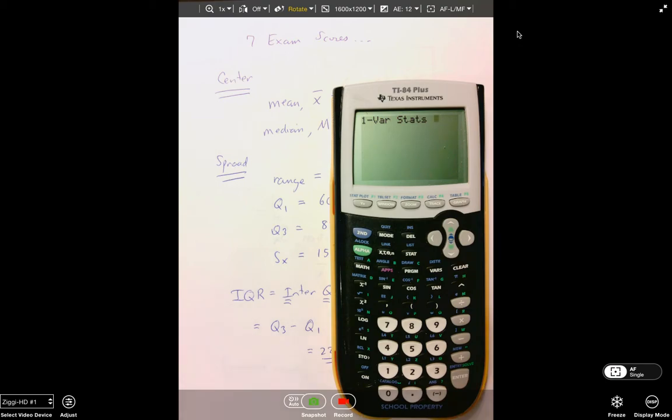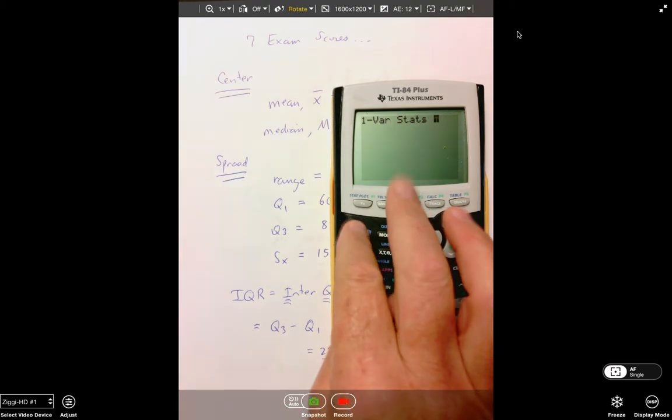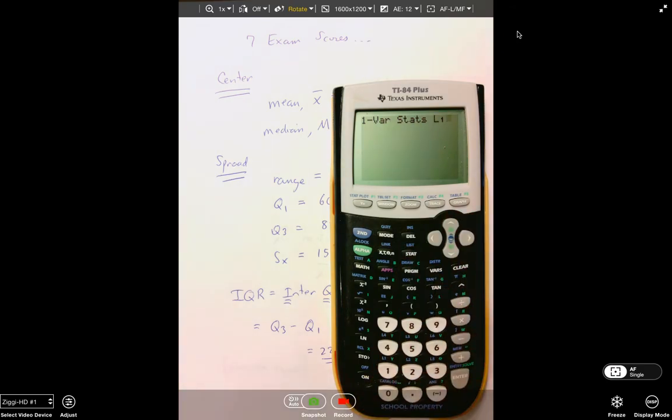So again, all you got to do, if you look above your L1, L2, L3, L4, L5, L6 keys, in blue or yellow letters, depending on your calculator, you will see L1, L2, L3, and so on. Well, I put my data in L1, so I need to hit second function 1 to put an L1 there. And when I do, I will get the answers.